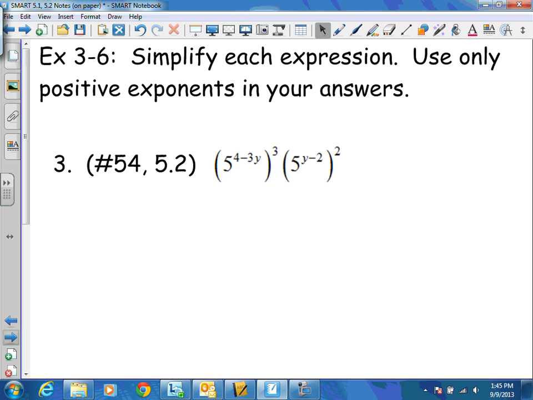Okay, work in your group. And we're back to Ricky. You can pick somebody to present. We got 4 more to do. You'll love me in the end.